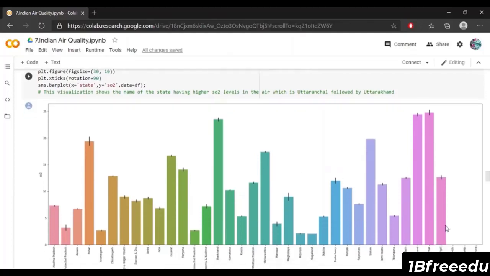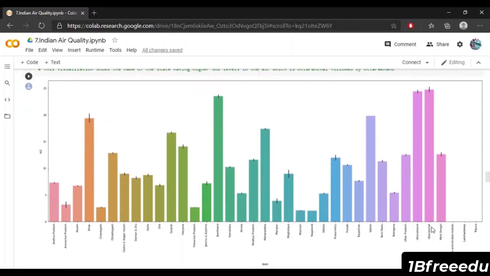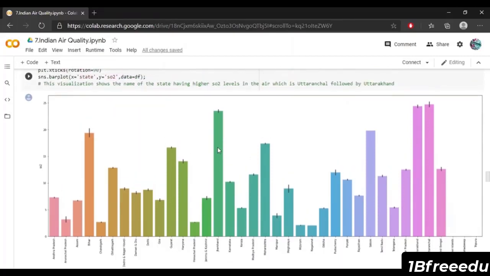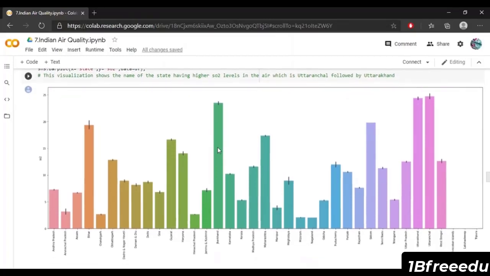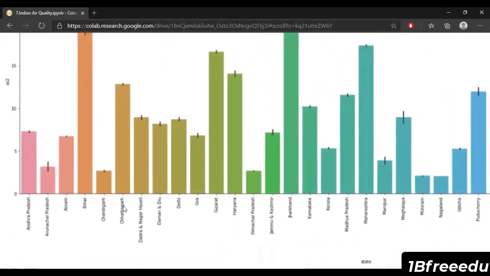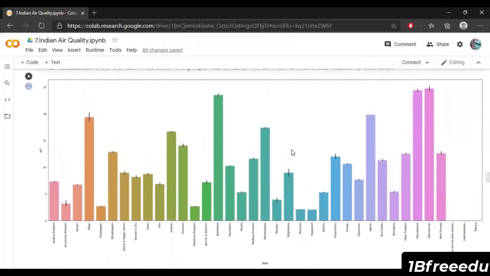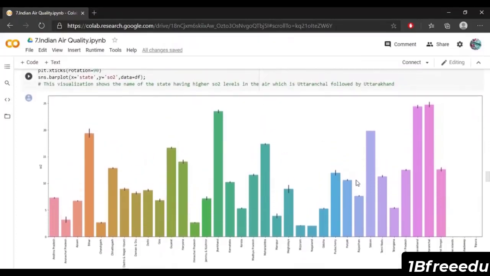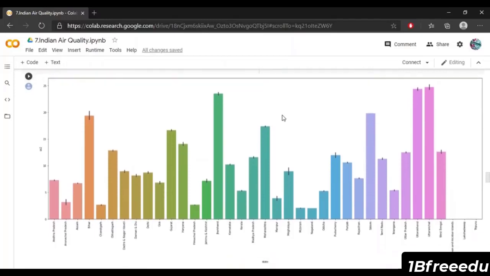Over here we can see that Uttaranchal, Uttarakhand and Jharkhand have a higher SO2 pollutant in their environment, and the least amount of SO2 pollutant is found in Nagaland, Mizoram, and then we have Chandigarh as well. So this will show us the total pollutant level, which is the SO2, and it will show us which state has the higher SO2 levels in their particular environment.